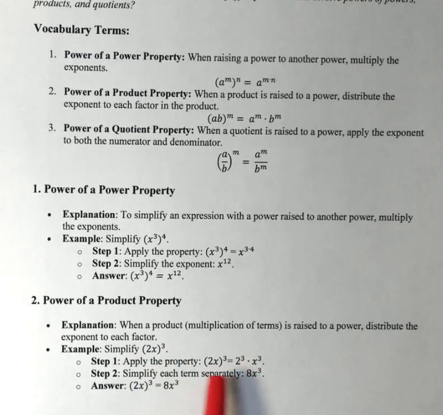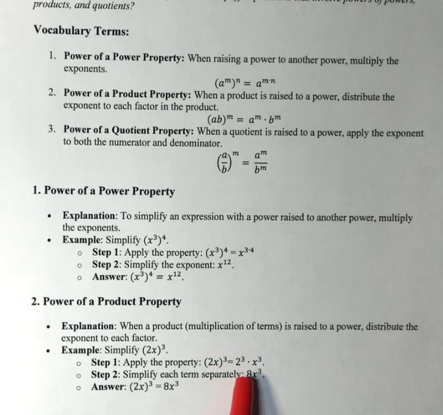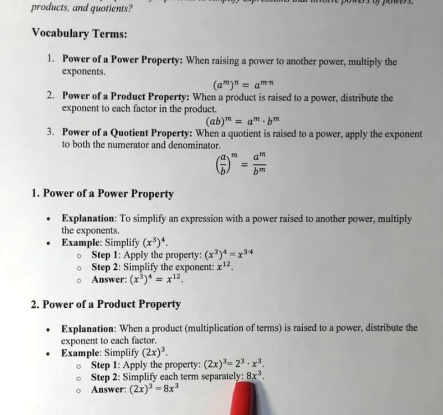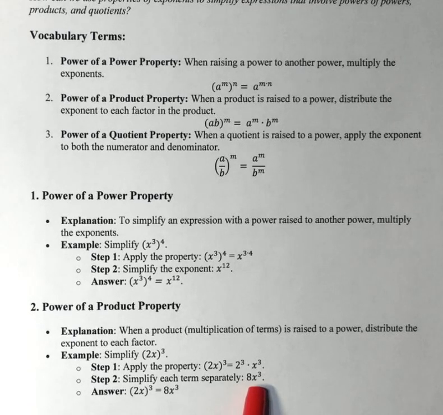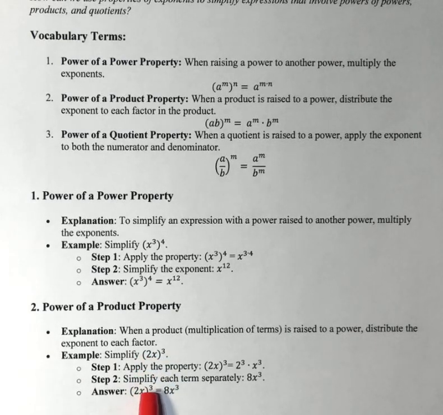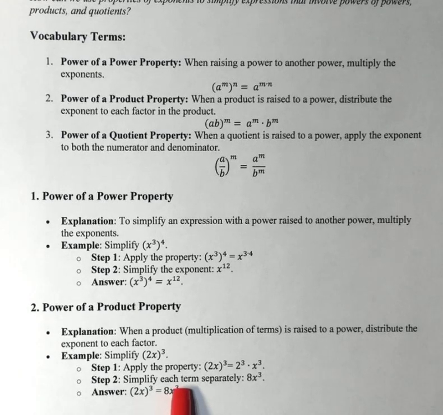And then you simplify each of those terms separately. So 2 to the power of 3 gives us 8, and x to the power of 3 gives us x to the power of 3. That will stay the same. So your answer, when we look at this, 2 times x to the power of 3 is going to be the same thing as 8 times x to the power of 3.